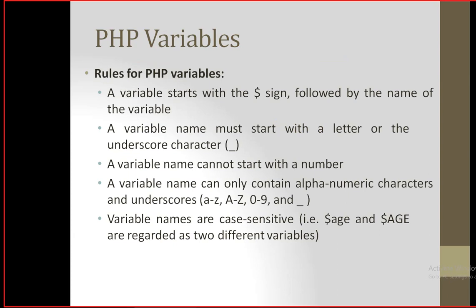Okay, how do we create variables? The rules for creating variables in PHP are no different than any other language or any other scripting language, right? It is just the same. The only difference is for any variable in PHP, the variable name should be preceded by a dollar sign. Okay, that is the only change. So, like any other language, variable names in PHP will start with alphabets or an underscore, right?